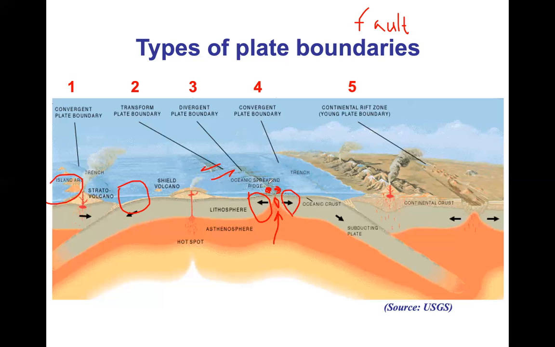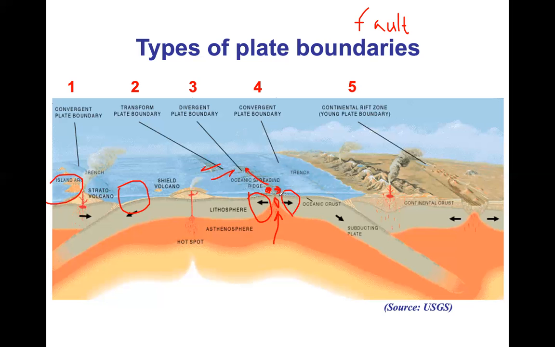So these mountain-like features in the depths of the oceans are called mid-ocean ridges. Sorry, mid-ocean ridges. Those are mountain ridges, but existing on the ocean floor. Therefore, we call them mid-ocean ridges. So in the middle of an ocean, we have mountains.